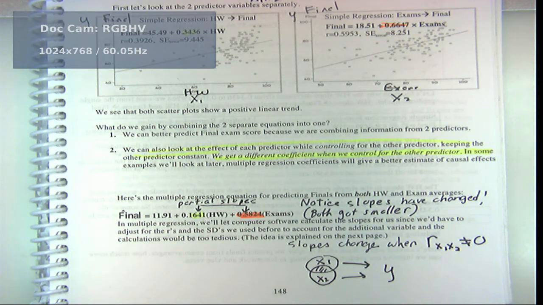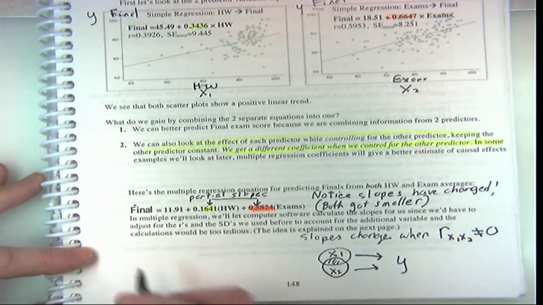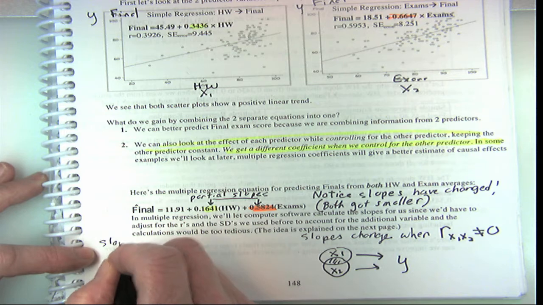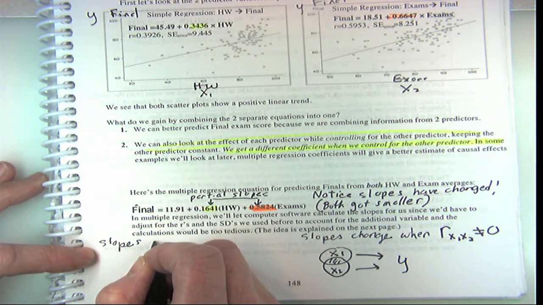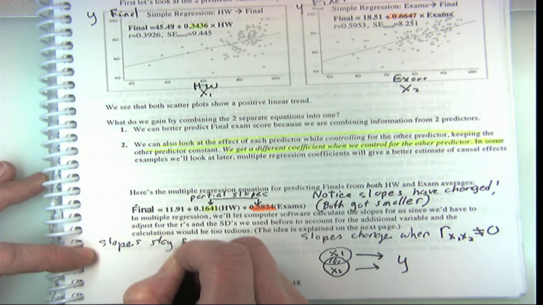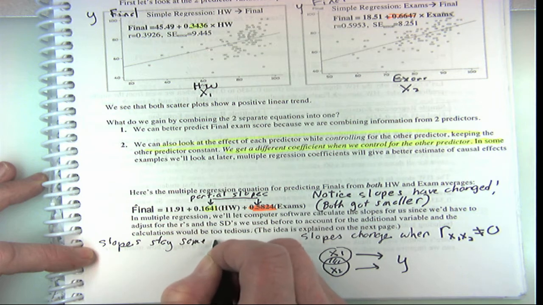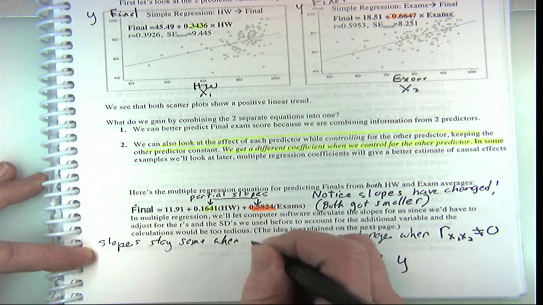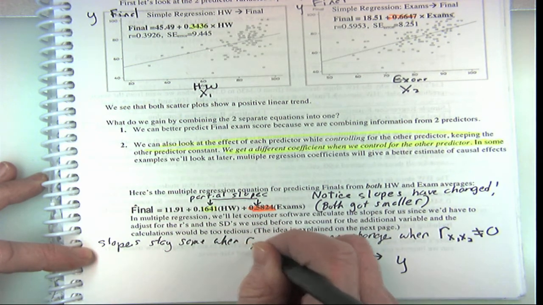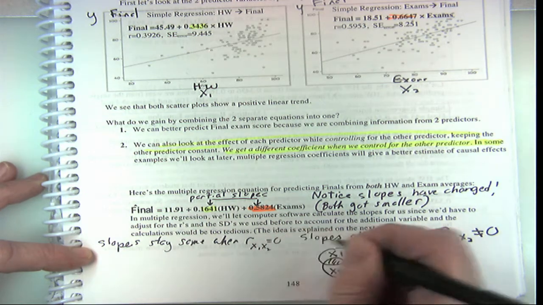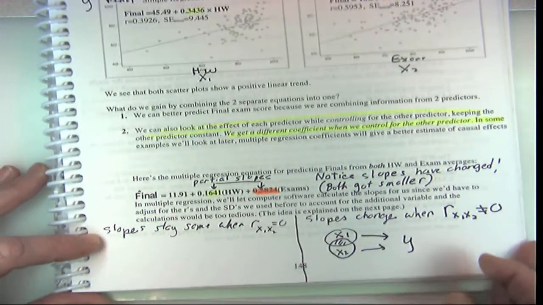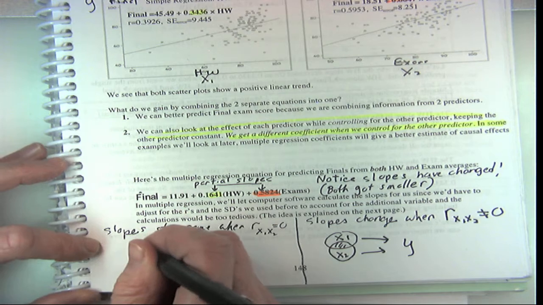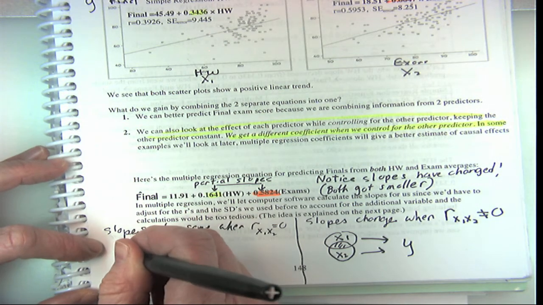And the slopes stay the same when the correlation between the two predictor variables is 0. So the picture is this. Knowing there's no correlation between them, they're completely separate.